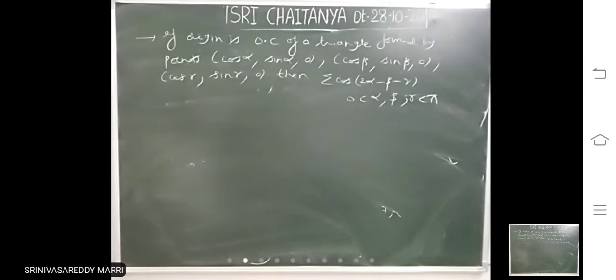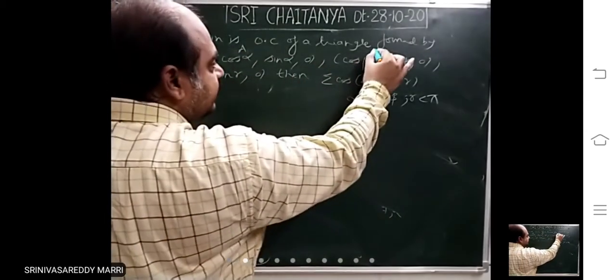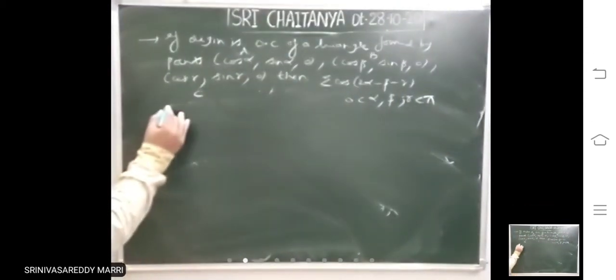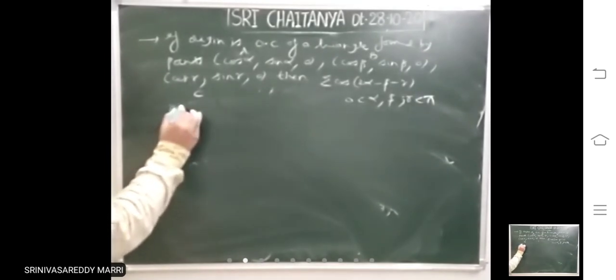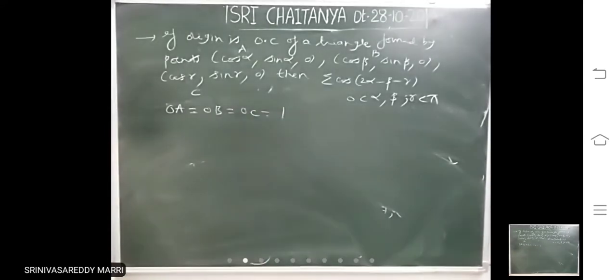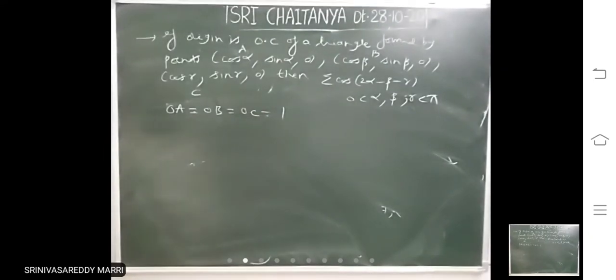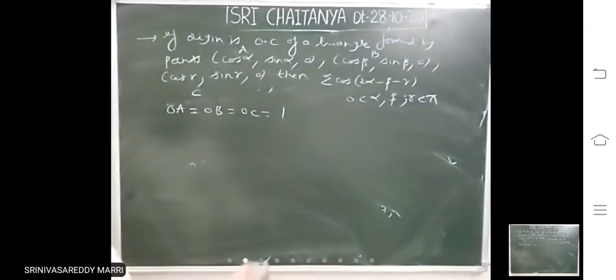Look at this problem. Orthocenter is given as origin. Now take one vertex A, one vertex B, one vertex C. You can clearly say OA equal to OB equal to OC equal to 1. Distance of origin from this point is root of cos square alpha plus sin square alpha, which is 1. Similarly OB is 1, similarly OC is 1.